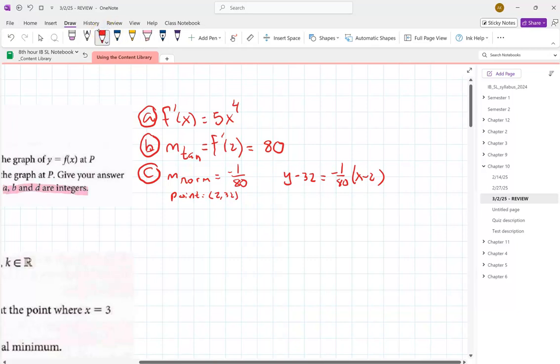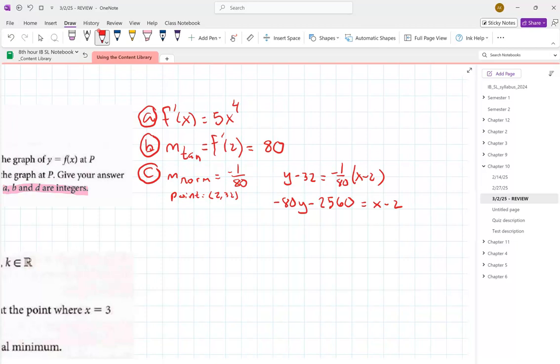So I'm just going to multiply both sides by negative 80. 2560, I think. Oops, plus. And then I'll just subtract x from both sides and add 2 to both sides, and I am done.